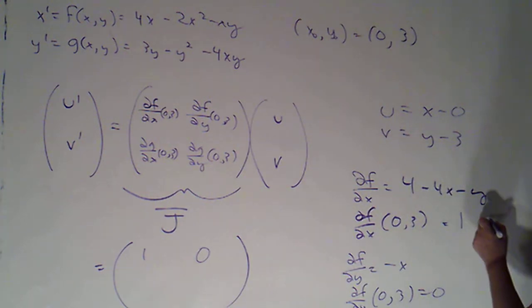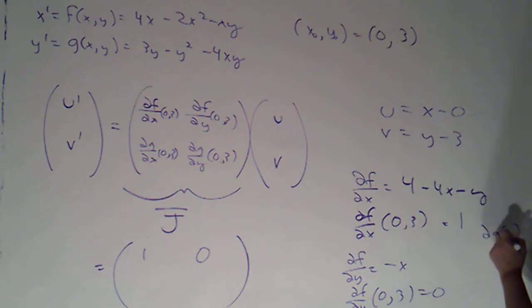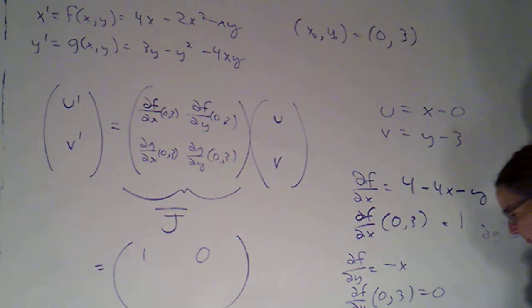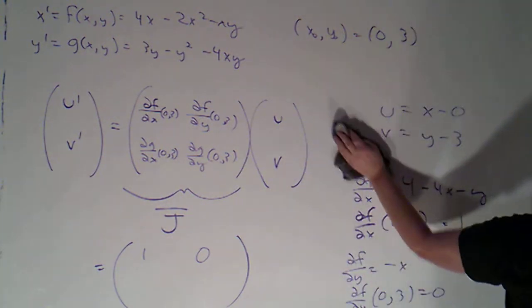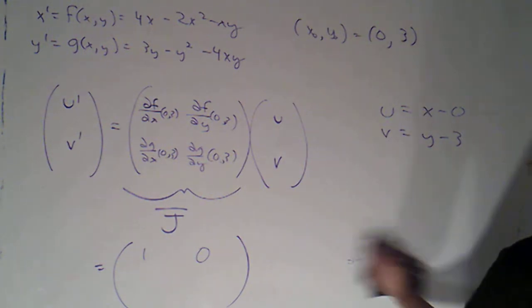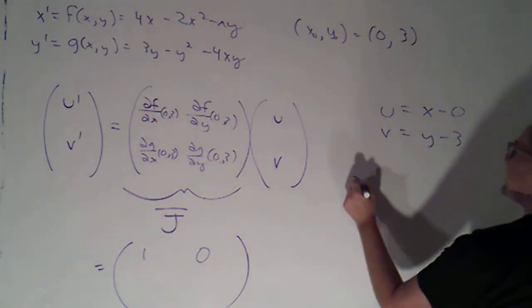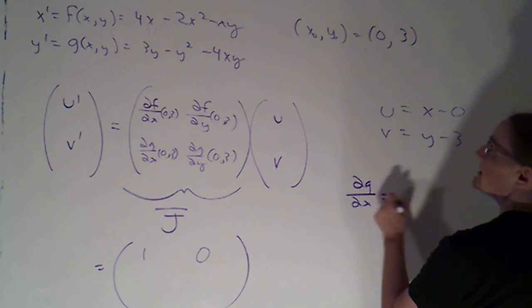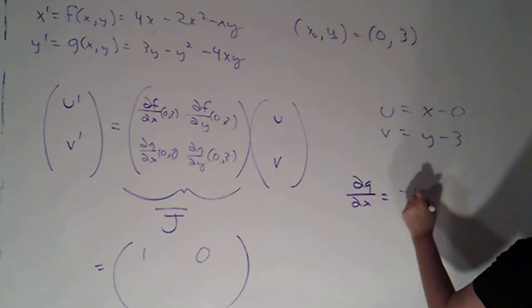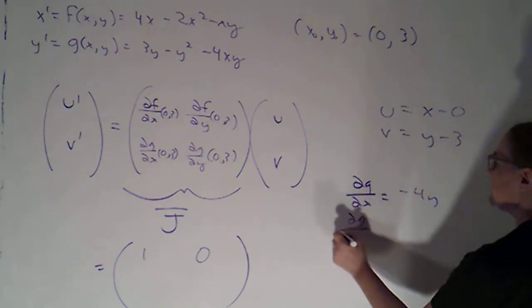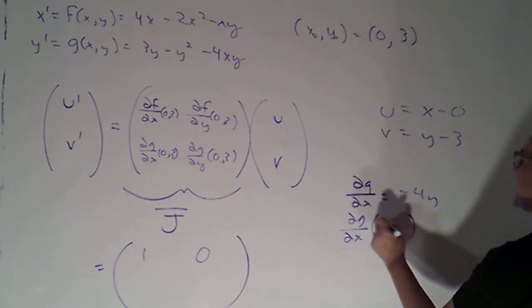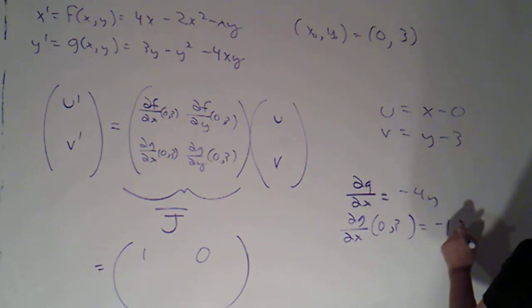All right, if I calculate the partial of g, you know what, I'm just going to clear myself some space. If I calculate the partial of g with respect to x, we said that was just negative 4y. So the partial of g with respect to x at 0, 3 is going to be negative 12.